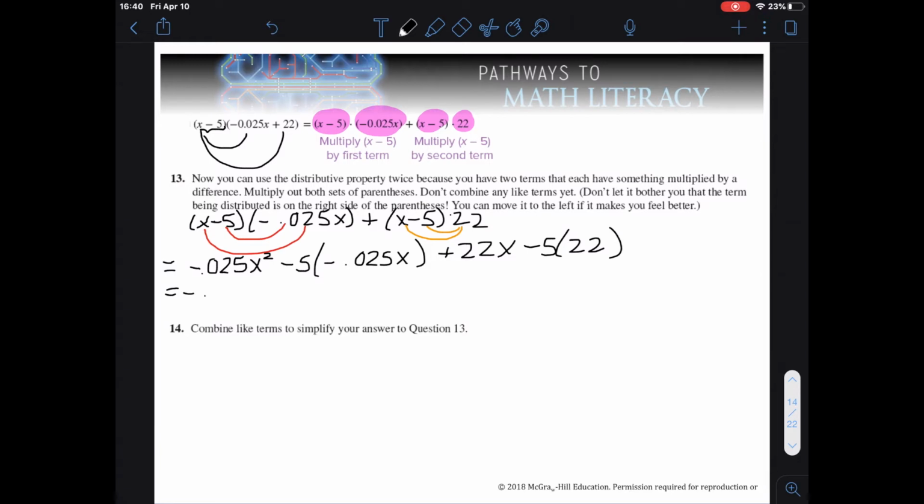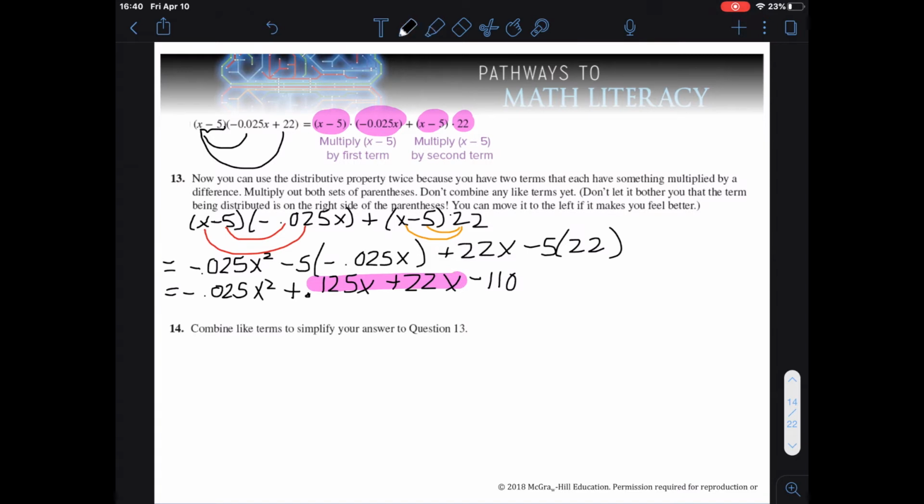Now some simplification. It's negative 0.025x squared. If you do negative 5 times negative 0.025, that becomes a positive 0.125x, plus 22x, and then 5 times 22 is 110, with a minus sign. We only have two pieces that are alike.